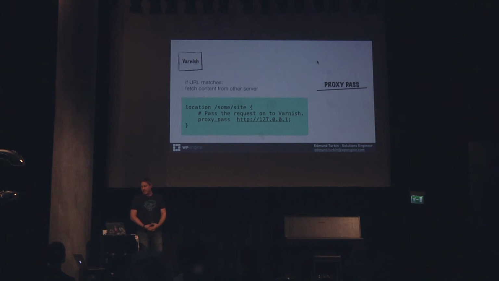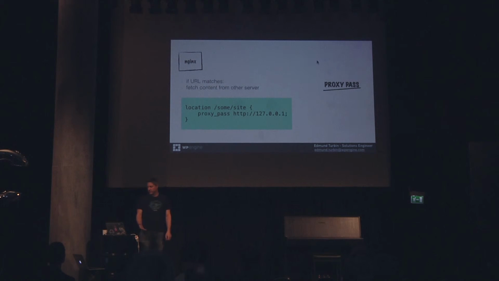A typical proxy pass, I've got two examples here. It's not difficult to understand what's going on in the configuration. So in your VCL file, you'd see a line like this. And it says, if location equals some site, then pass it to a different IP or a different URL. So it's really just being a traffic cop and saying, go over here.